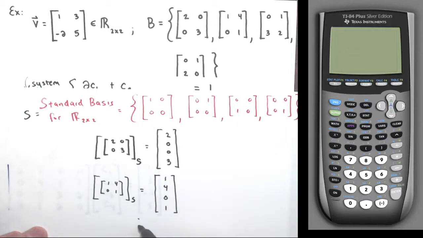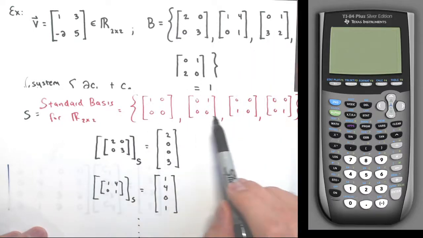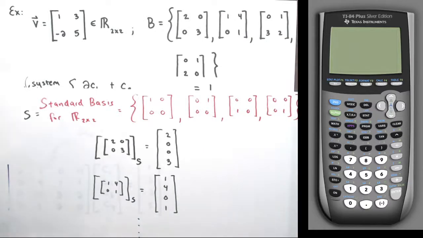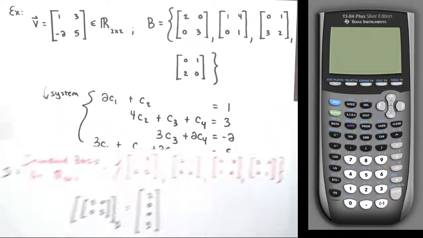And so on. There's only 2 left, but can you see how the coordinate vector for this third basis vector with respect to the standard basis would be 0, 1, 3, 2 stacked on top of each other, and then 0, 1, 2, 0 for the last one.